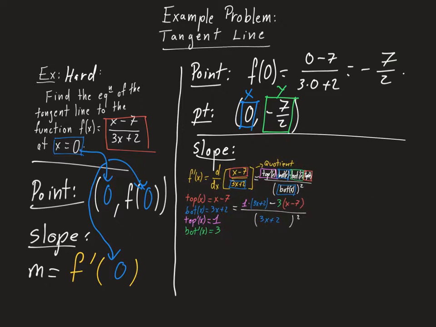So let's make this a little bit smaller and move this over to the side. Okay, so we found that our derivative is this: 1 times 3x plus 2 minus 3 times x minus 7, over 3x plus 2 squared. All right, we still need to plug in 0. So now, let's use the correct color here.